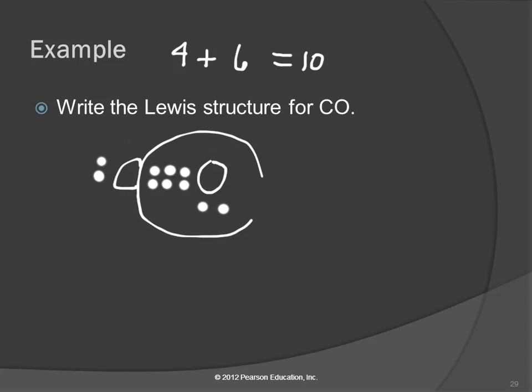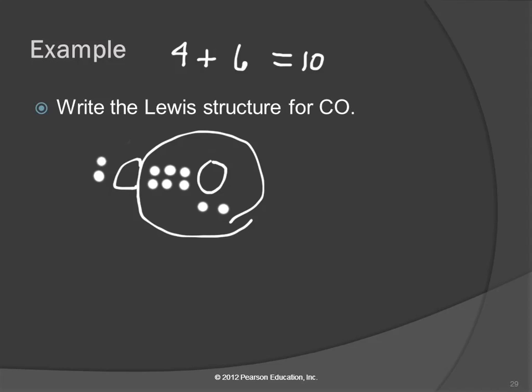And the oxygen? 2, 4, 6, 8. Now obviously, when carbon and oxygen bond to form carbon monoxide, they are not actually doing this with the electrons. This is a model, a way of looking at it that allows us to fairly easily come upon the right arrangement.